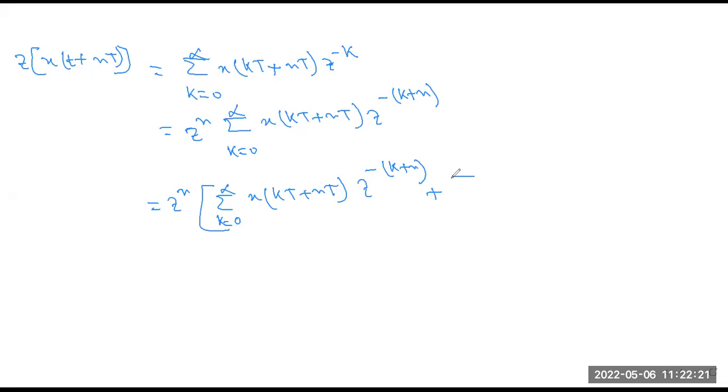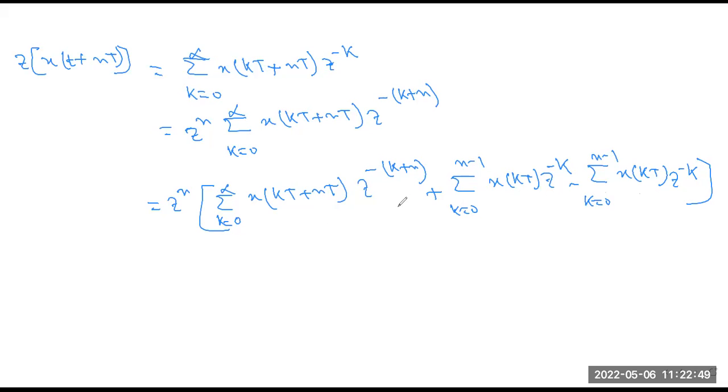Then again, k equal to 0 where lower limit one is n minus 1, x of kT z to the power minus k, minus another one, which is also the same, k equal to 0 to n minus 1, x of kT z to the power minus k, and so on. This process is continuing.